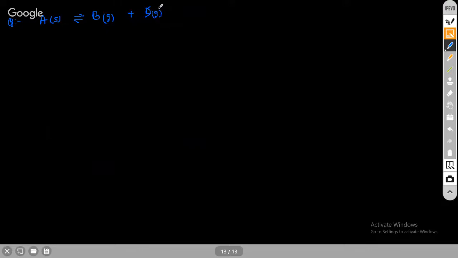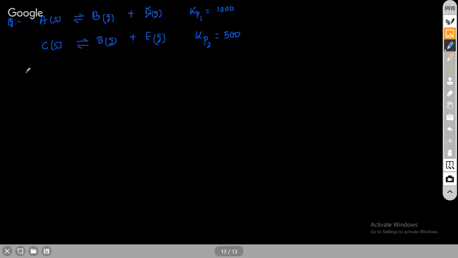Kp1 for this reaction is given, which is 1000. Another one, C solid dissociates into B gas plus E gas. Kp2 is equal to 500.